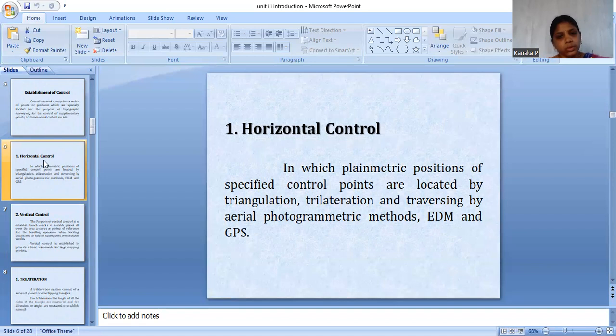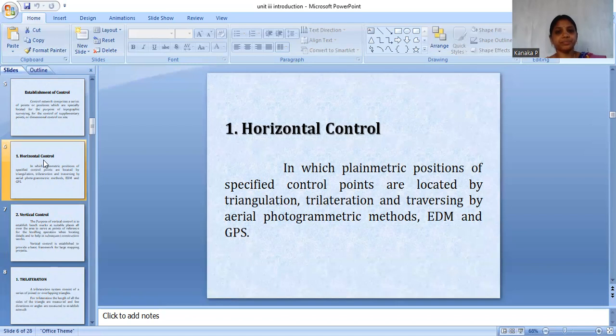Horizontal control points are also located by triangulation, trilateration, and traversing, using aerial photographic methods, EDM, and GPS.